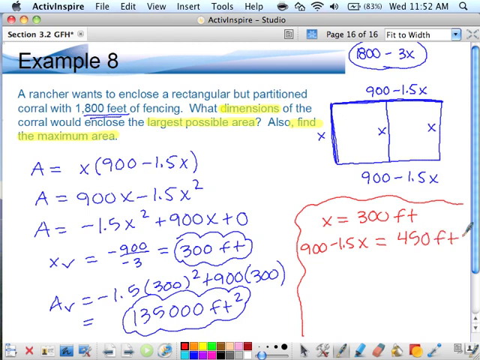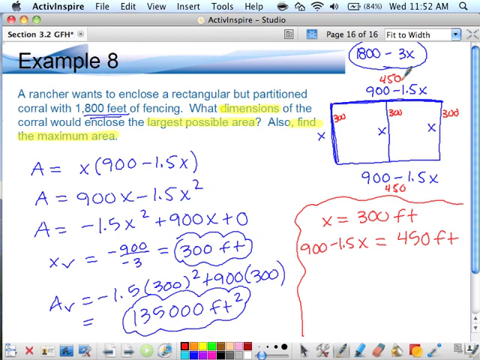So let's see if that makes sense. If I let this value right here be 300, so this is 300, this is 300, and this is 300. These two sides are 450. If I add up all 5 of those numbers, that should be my total amount of fencing.